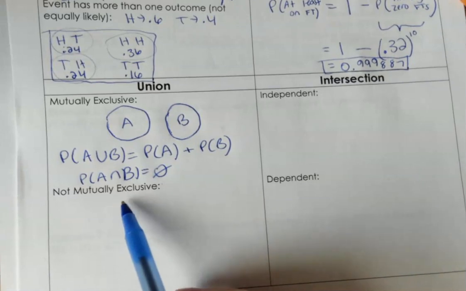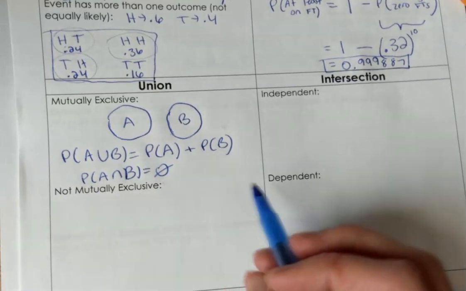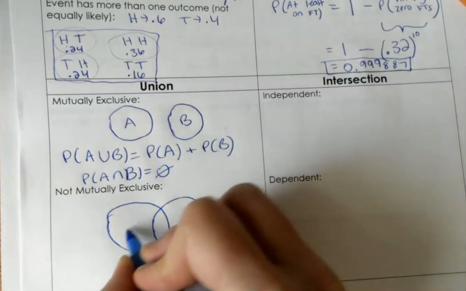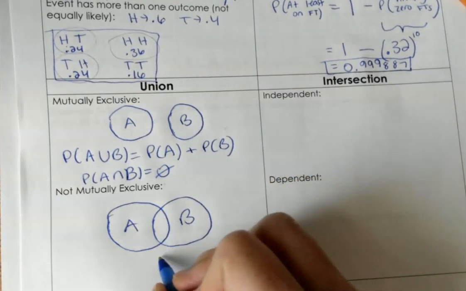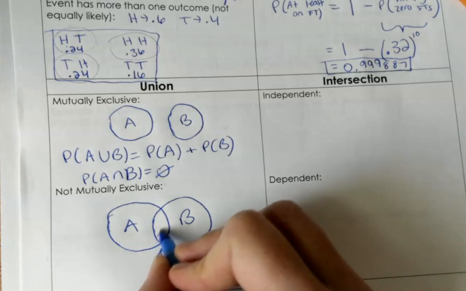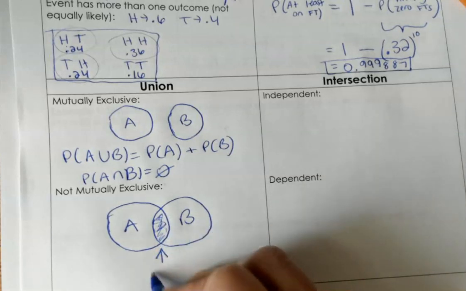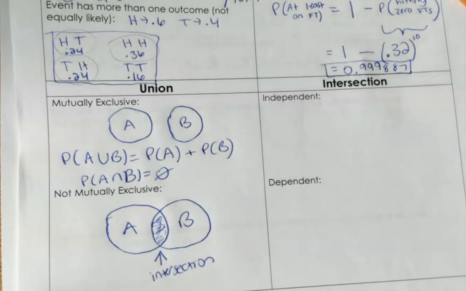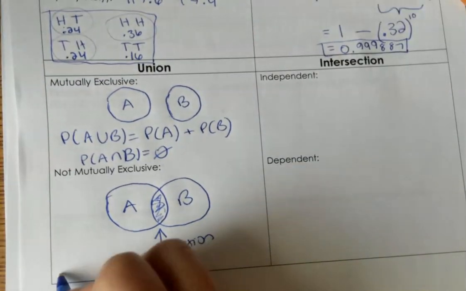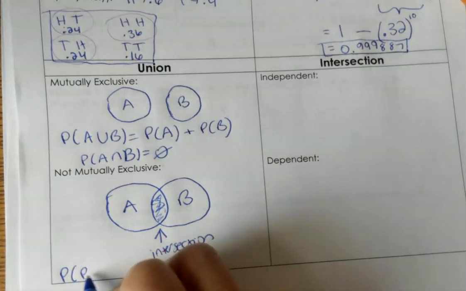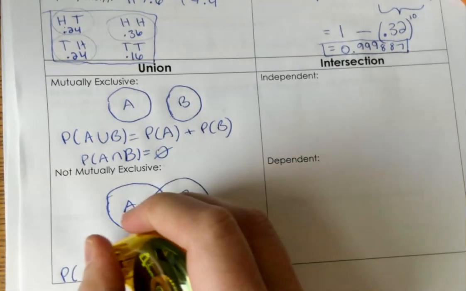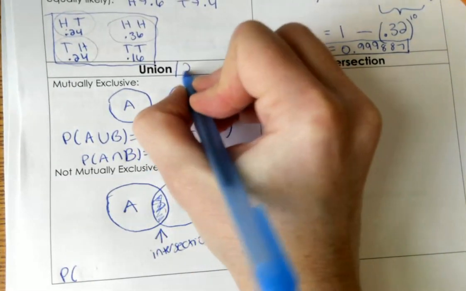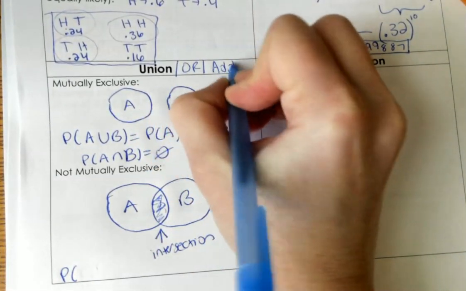Now, the probability of non-mutually exclusive events. So here, they can happen at the same time. So I've got A here, I've got B here, and then this is my intersection. We have basically the same formula here. The probability of A union B, I'm still adding, right? Because with union, we need to think OR and add.